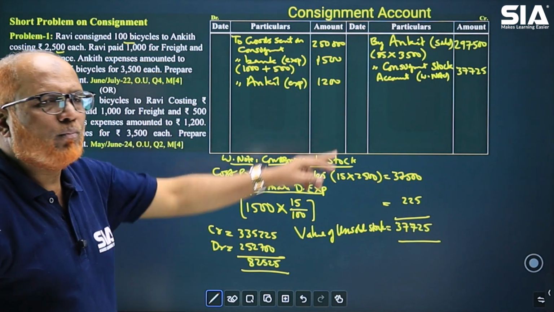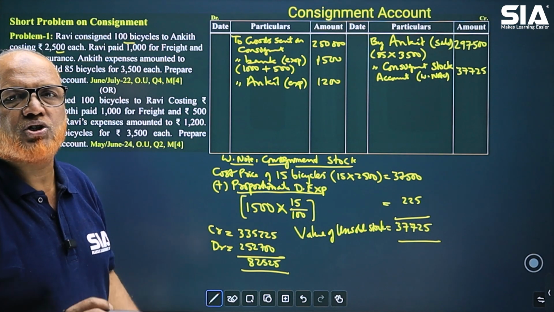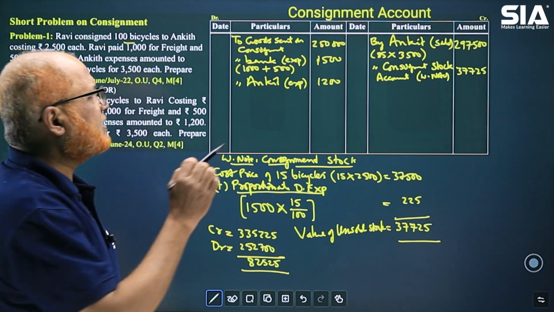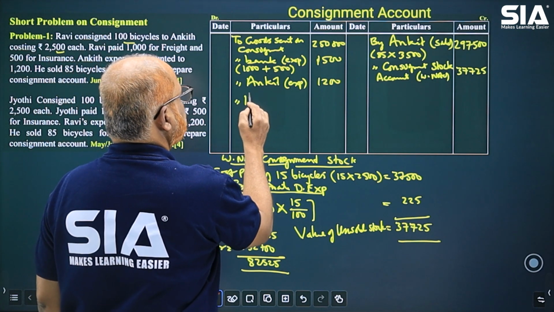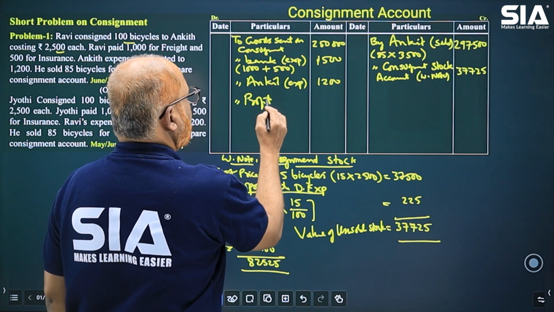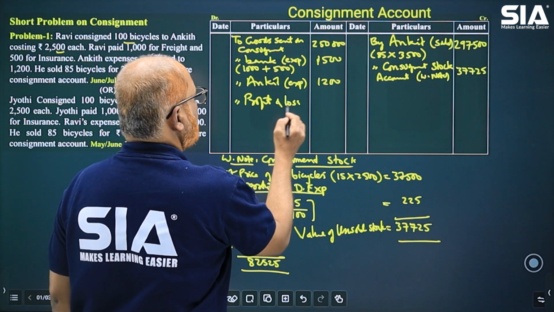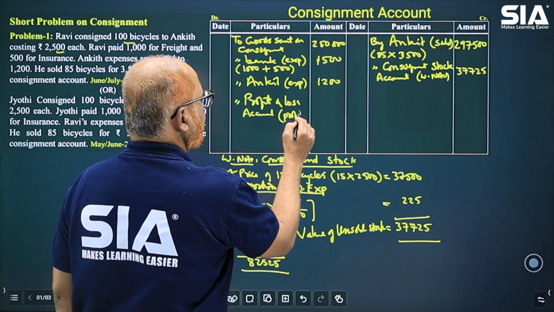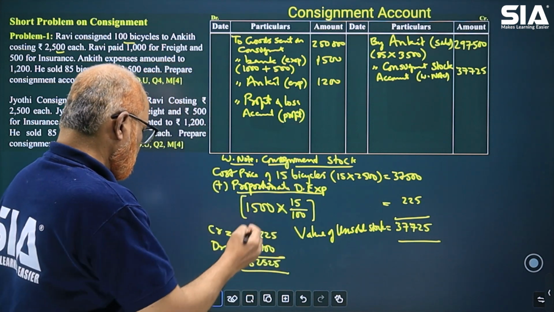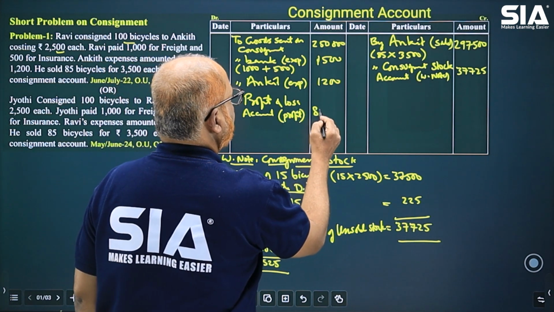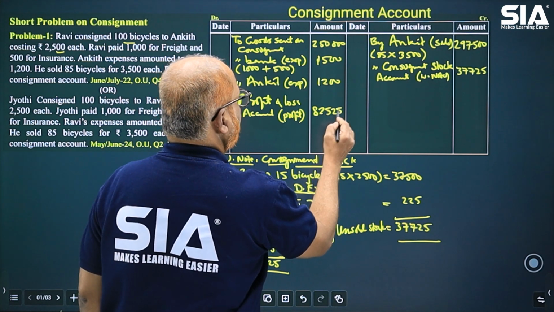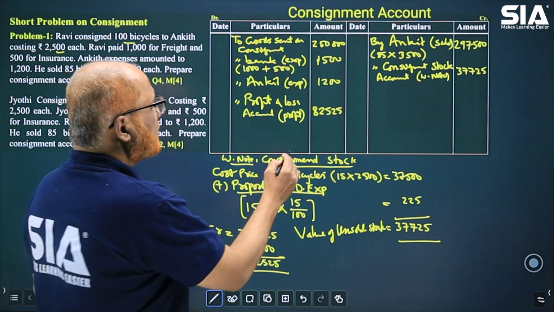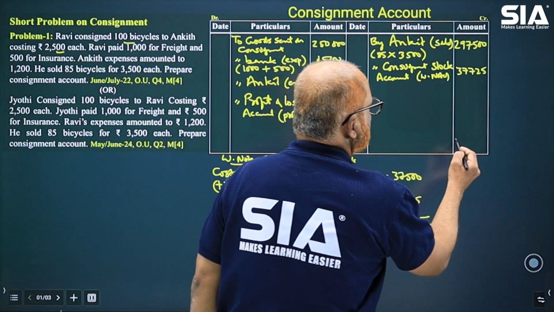If credit side is more, there is a profit. The entry is consignment account debtor to profit and loss account. So here to profit and loss account. It is a profit. How much profit? 82,525 is the profit. Now take the total on both sides equal.